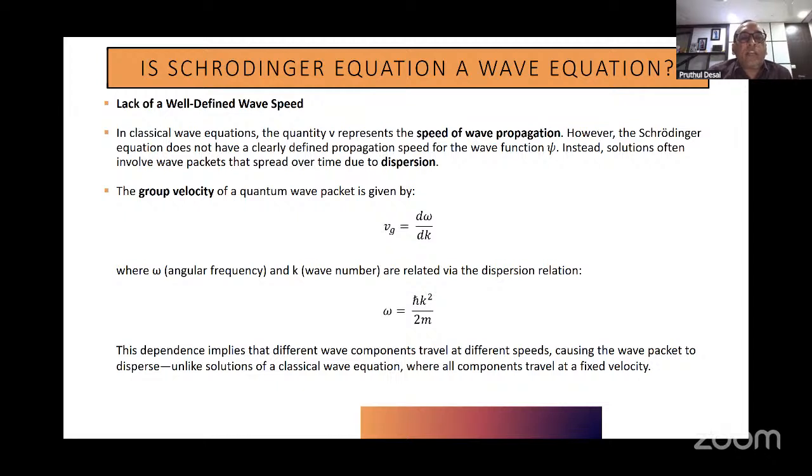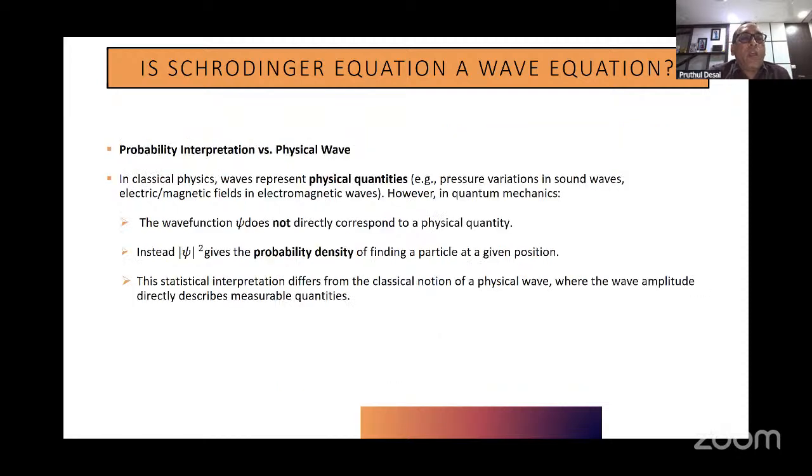This dispersion relation says that different components travel at different speeds, causing the wave packet to disperse. Now in classical physics, a wave represents physical quantities: pressure variations in sound waves, for example, or electric and magnetic field variations in electromagnetic waves.